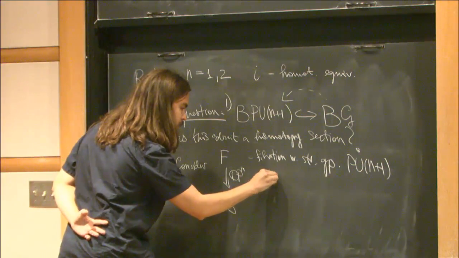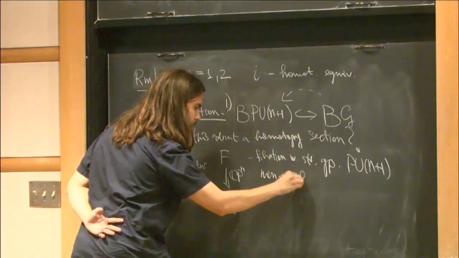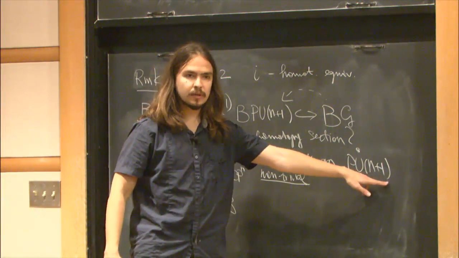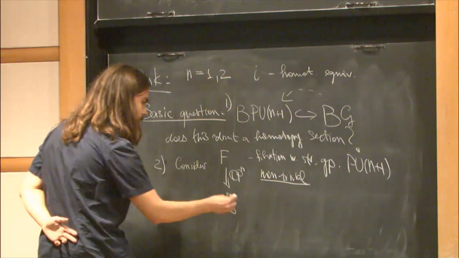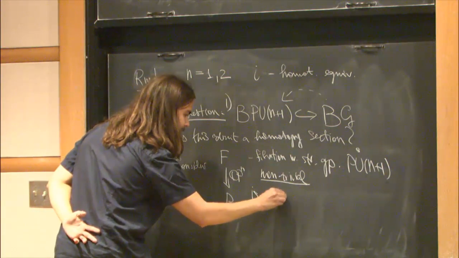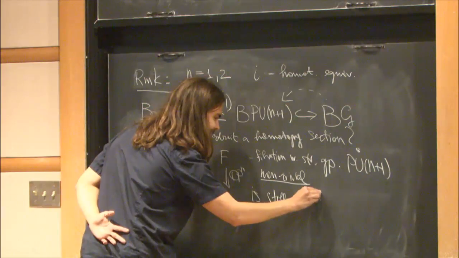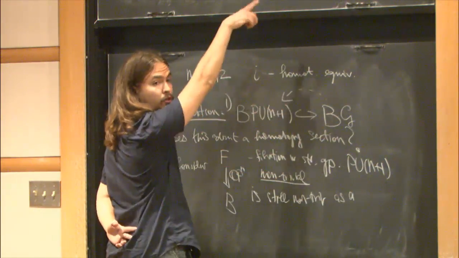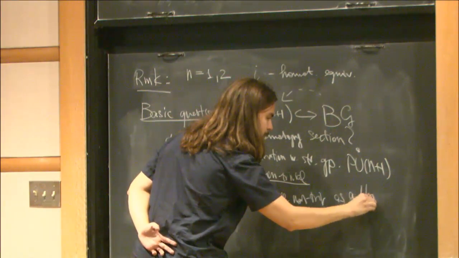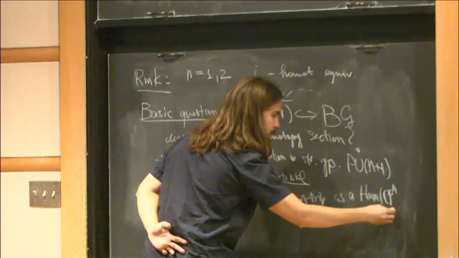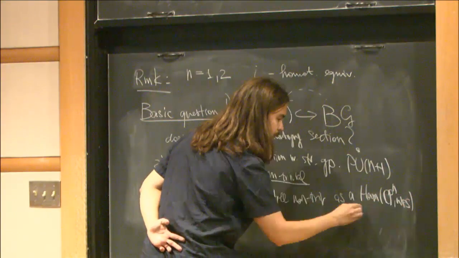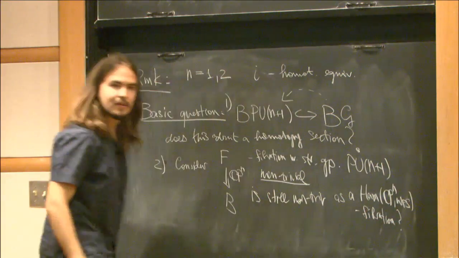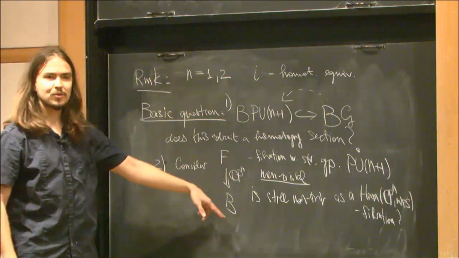Assuming that it is non-trivial as a PU(n+1) fibration, is it still non-trivial as a Hamiltonian fibration, as a Ham(CP^n) fibration? Of course, this is a consequence of this.